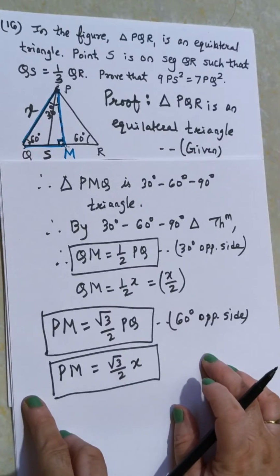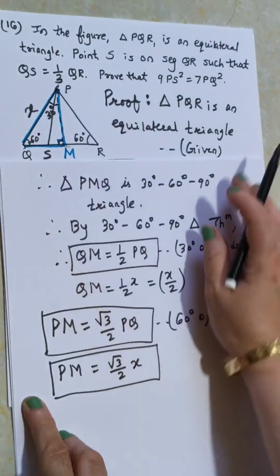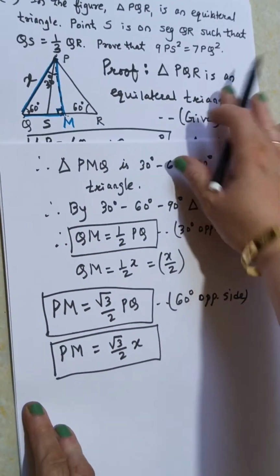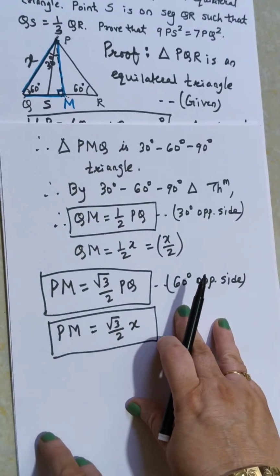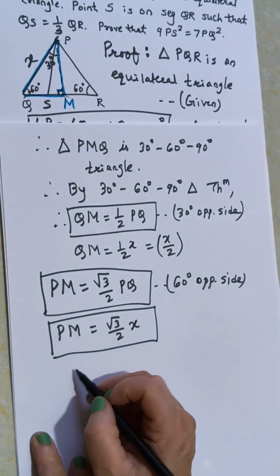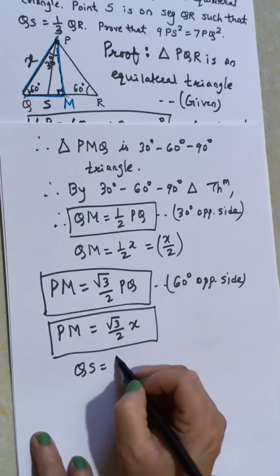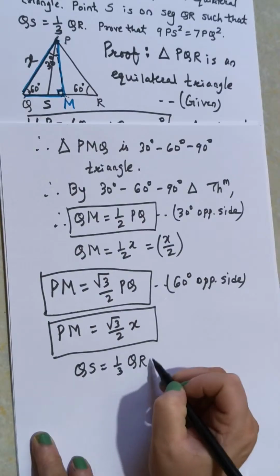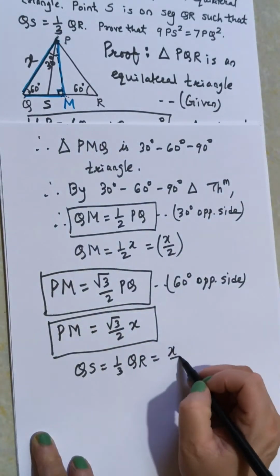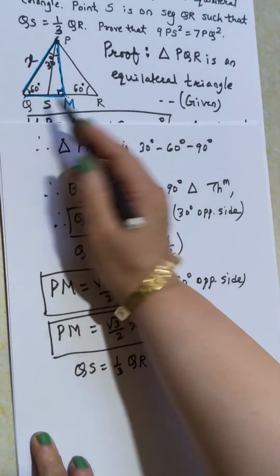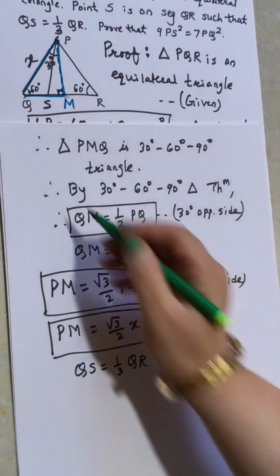Now we are going to take the given that QS is 1/3 QR. So what is given? QS is 1/3 QR. And what is QR? It is X. So X upon 3. So how much is QS? See this small QS, I will be highlighting with the green color.